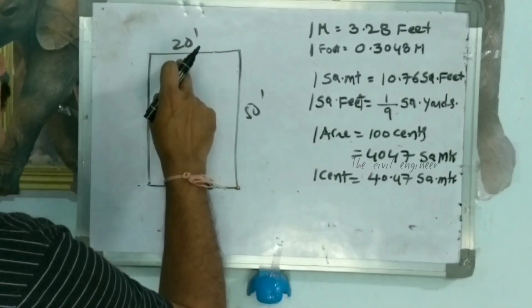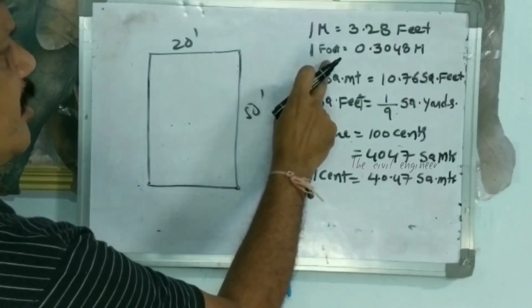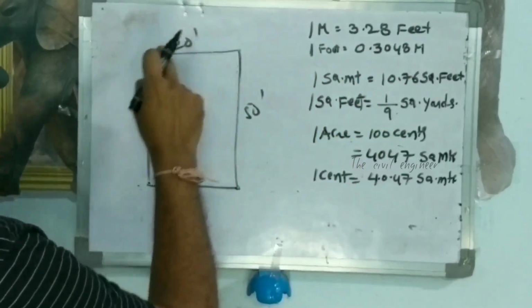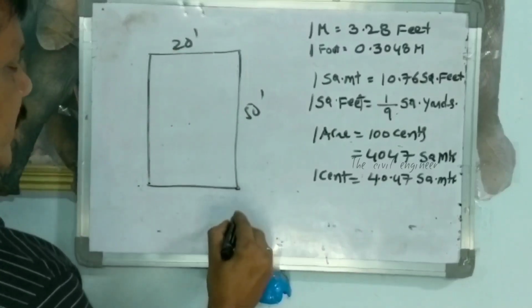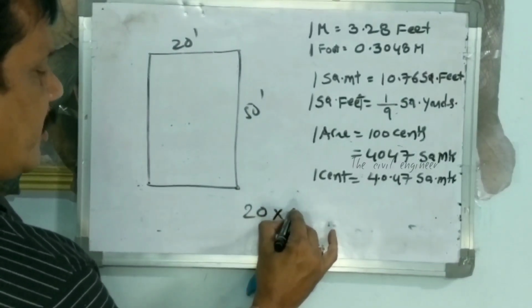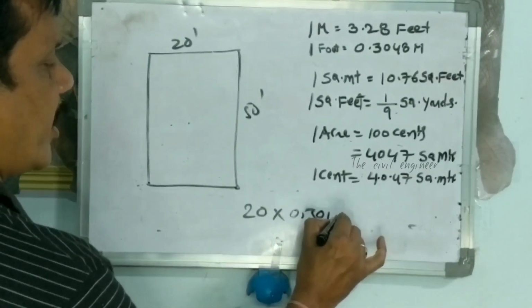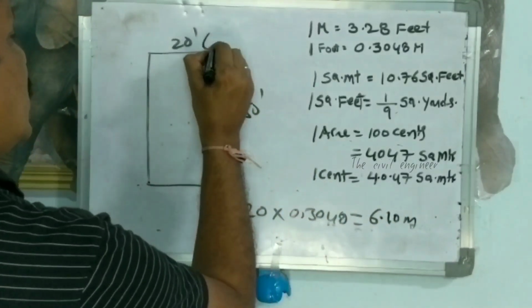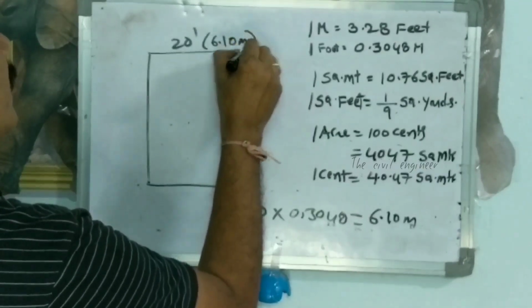So what about the feet to meters conversion? 1 foot is equal to 0.3048 meters. So 20 multiplied by 0.3048 gives 6.10 meters.